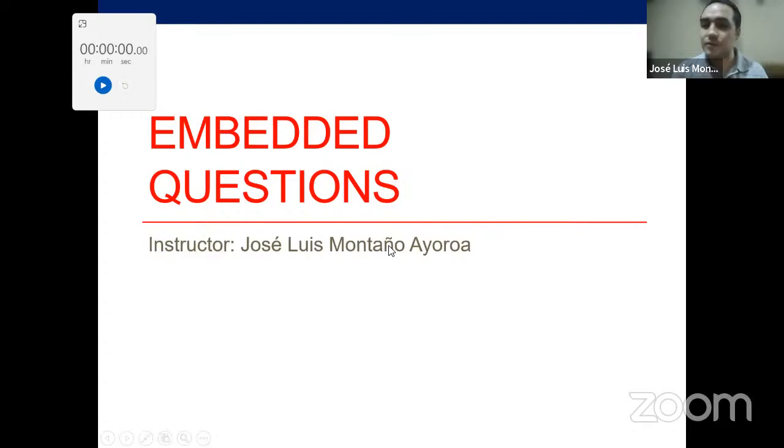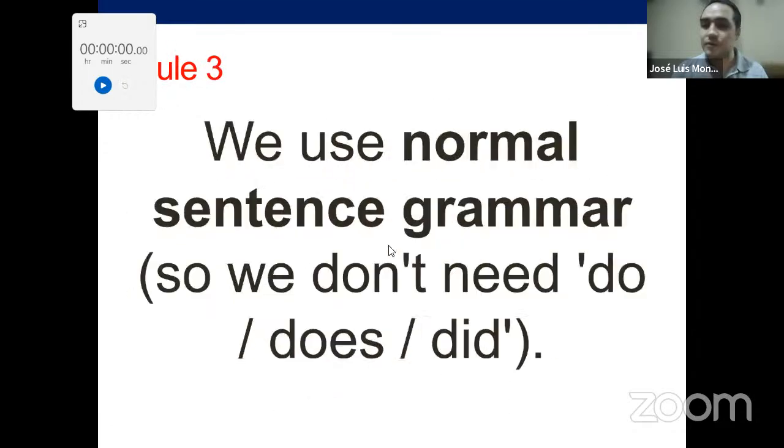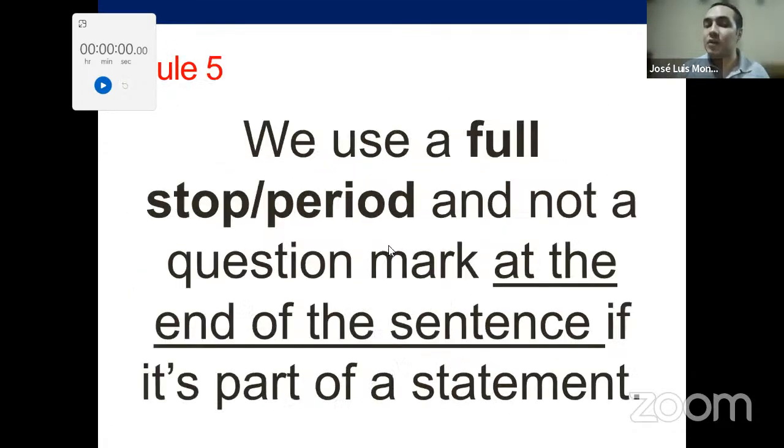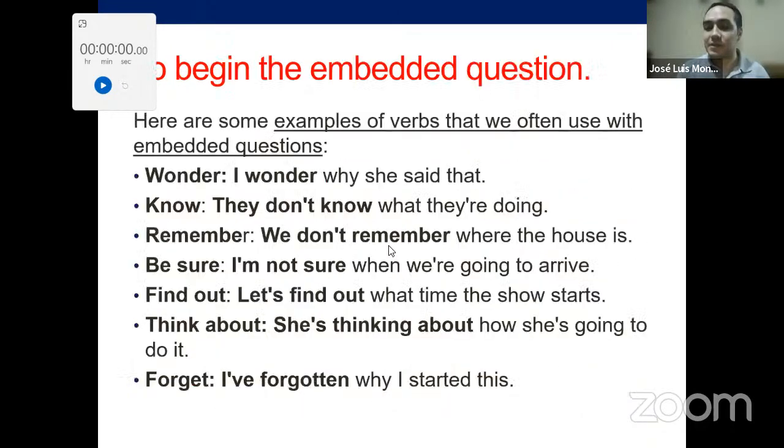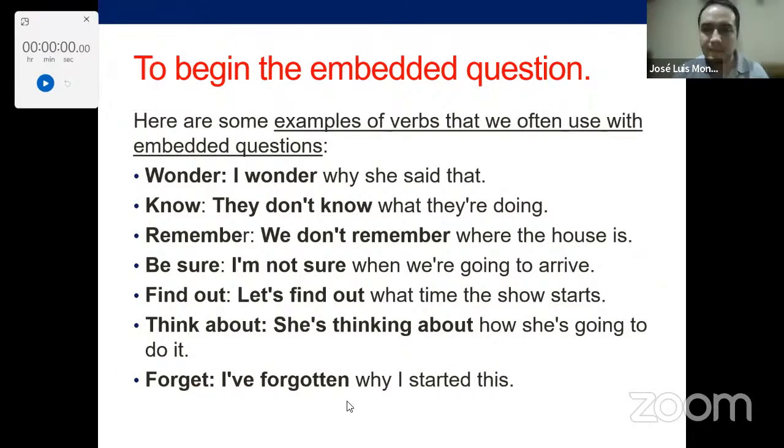All right, so we know how to use it in questions, Leandro, but you are going to use one of these expressions. So let's read this slide, please, to understand what we're going to do. Okay. And to begin the embedded question, here are some examples of verbs that we often use with embedded questions. Wonder. I wonder why she said that. Know.